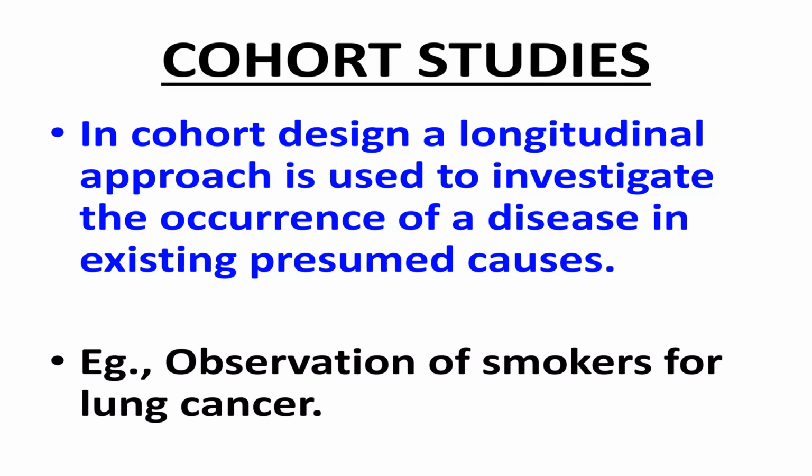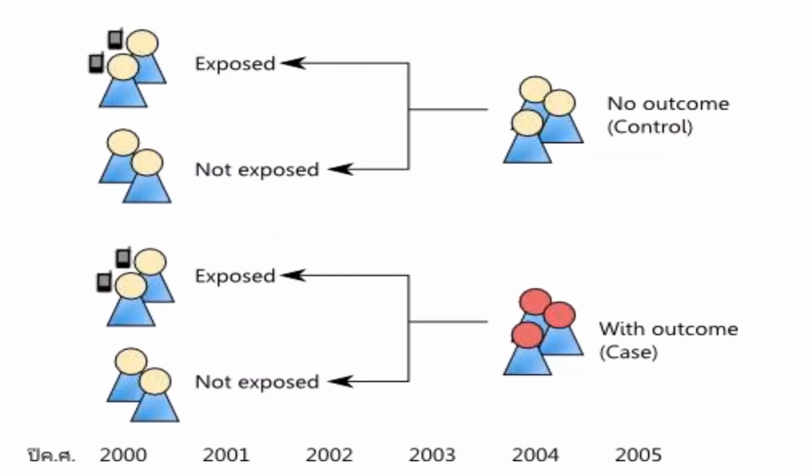In a cohort study we mainly go for a longitudinal approach to investigate the occurrence of a disease from a presumed cause. For example, the researcher may observe smokers multiple times for the development of lung cancer. The survey is taken over different years: 2000, 2001, 2002, 2003, 2004, 2005.